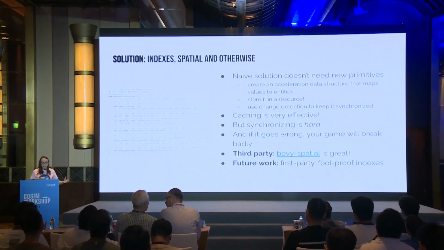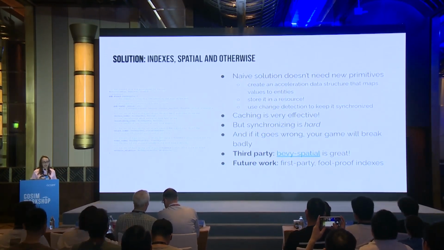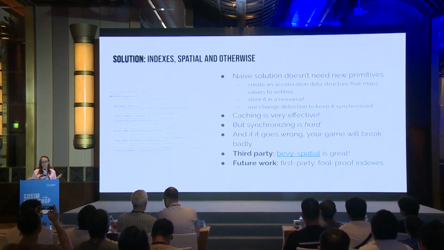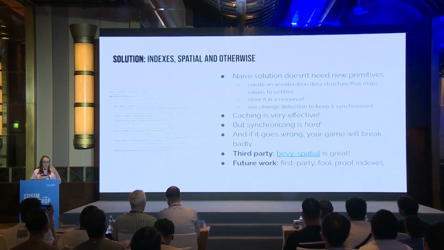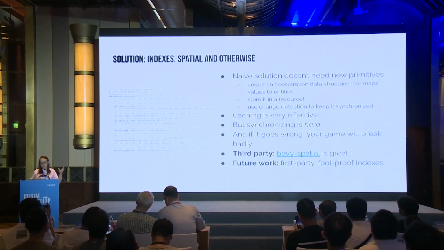And so these are indexes. They may be spatial indexes, but they may be ordinary indexes. And you can write a naive solution for them really easy. You use some sort of acceleration data structure, whether it's a hash map or a quad tree, and you map the values and the entities together.